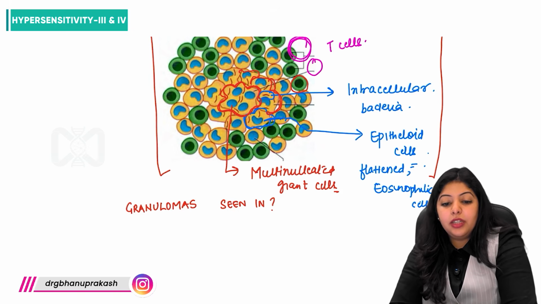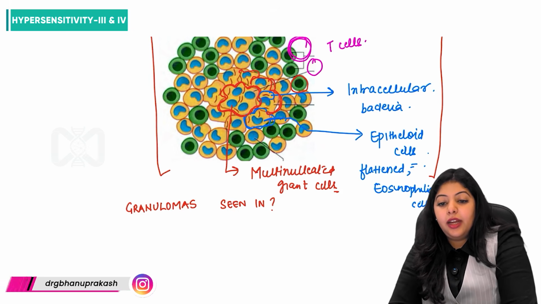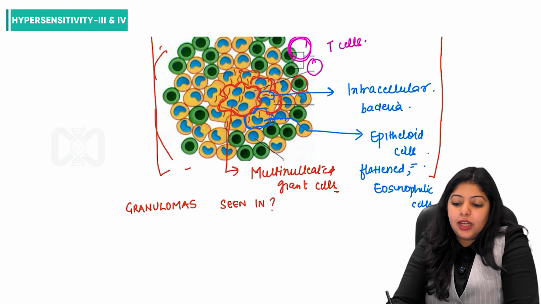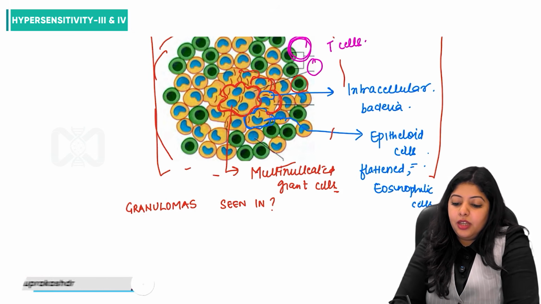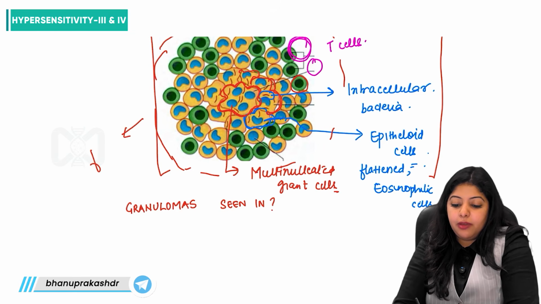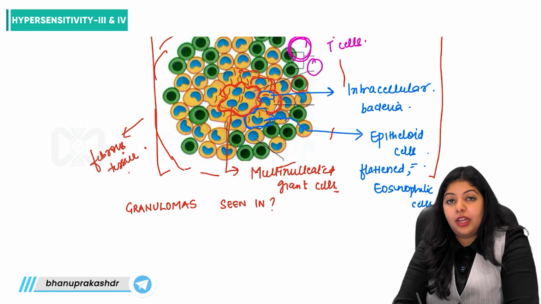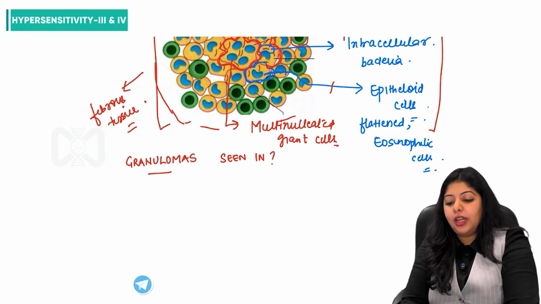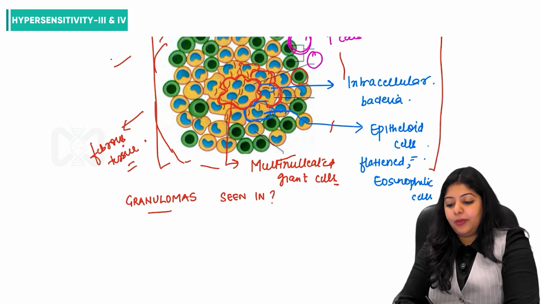Outer covering of T lymphocytes is present. And then finally, outside these granulomas is the formation of fibrous tissue as well. Fibrous tissue and vascularization occurs. So if asked, this is what granulomas look like.